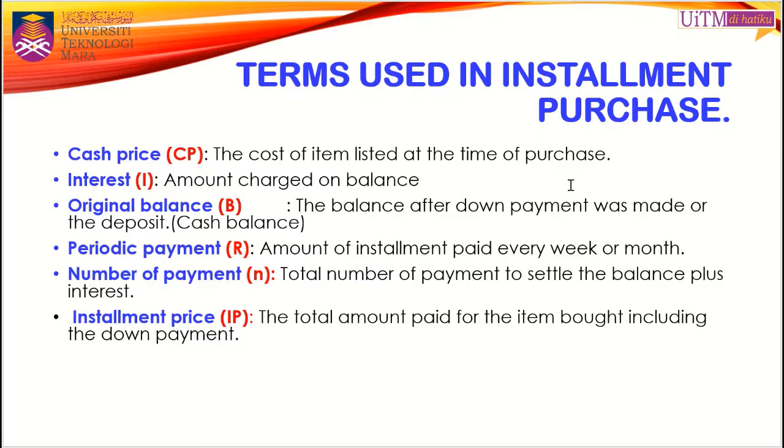This is what we call the installment price. Please be aware of the difference between the cash price and the installment price. Cash price is the amount you have to pay if you want to buy the product in cash. Installment price is the total amount that you have to pay in order to buy the product by installment.